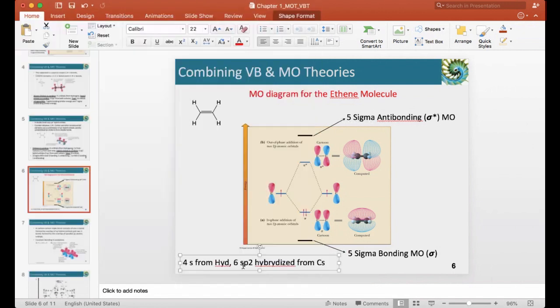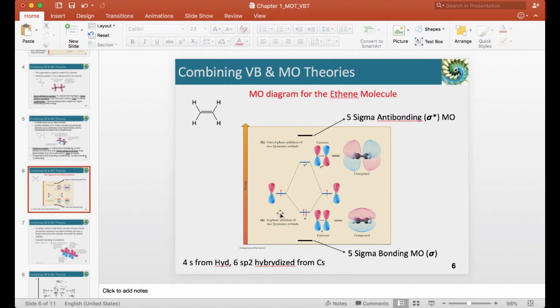So if we combine 10, then we will get, as I said before, 10 molecular orbitals. 5 will be bonding and 5 will be anti-bonding. I am placing the sigma bonding down here and the anti-bonding very high up here in energy.